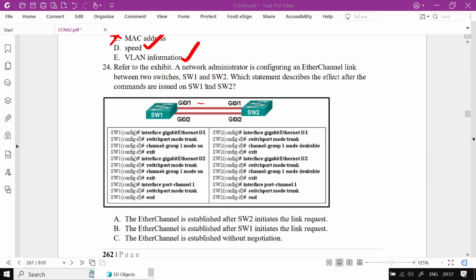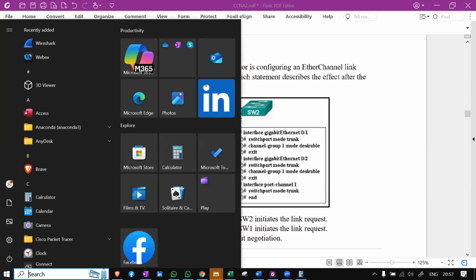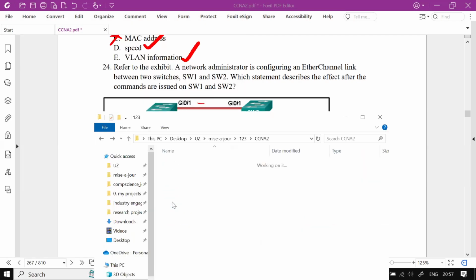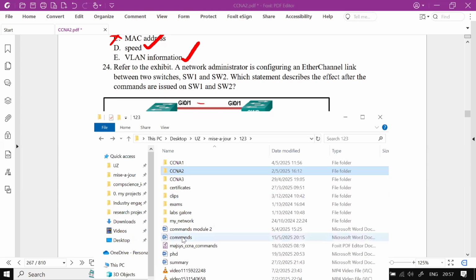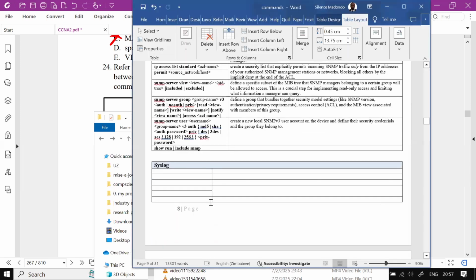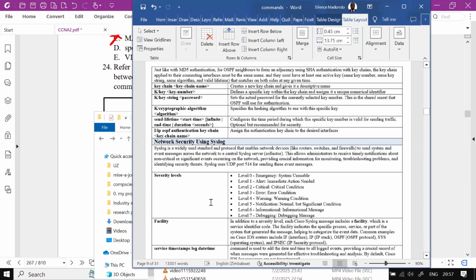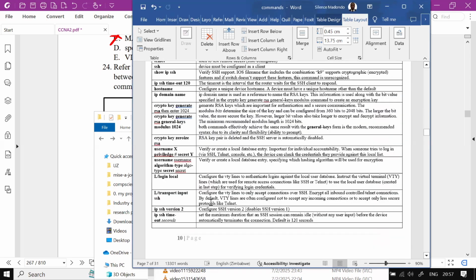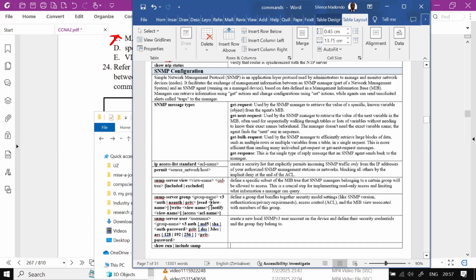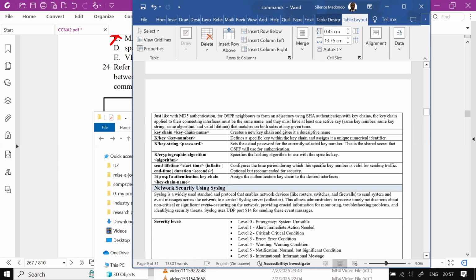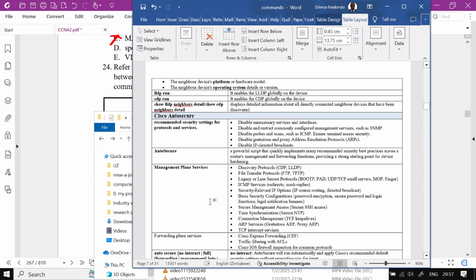Actually, the commands for an EtherChannel should be 3 or 4. Let me see. It's not open already. It should be 3 or 4 EtherChannel.